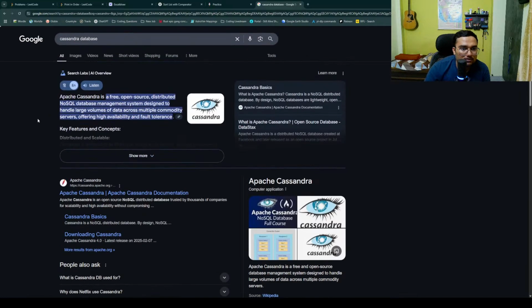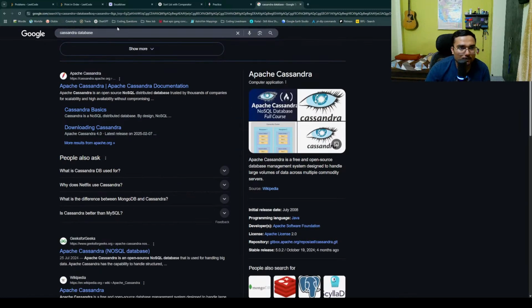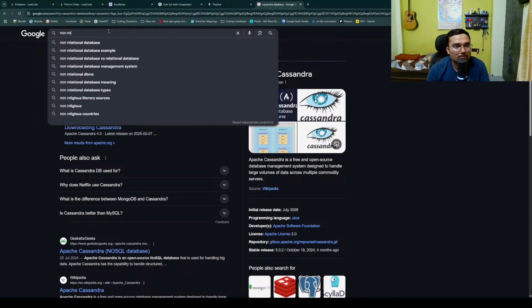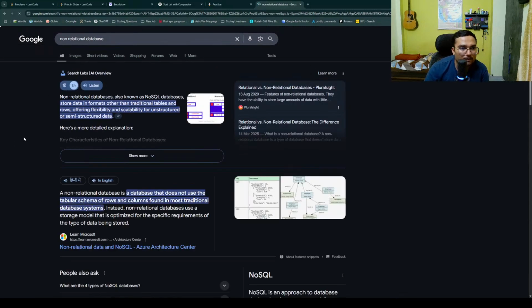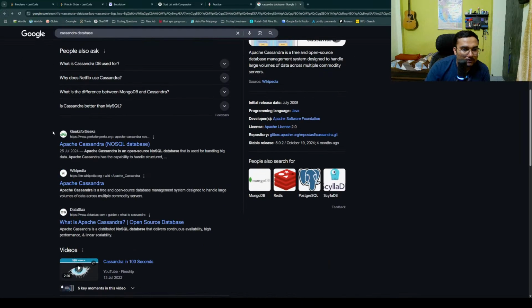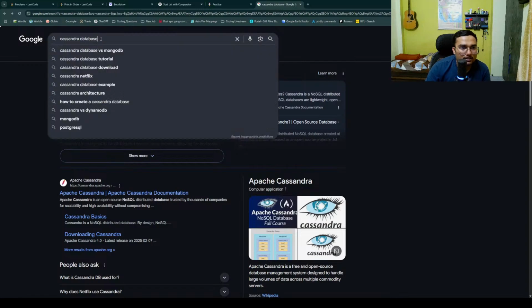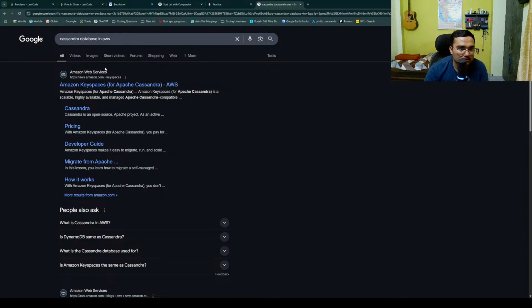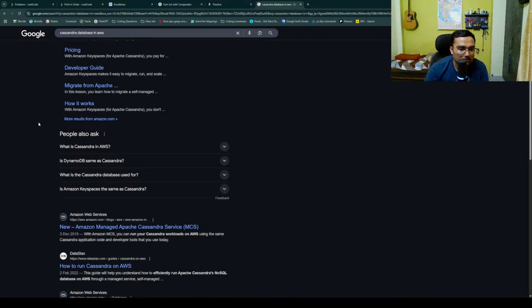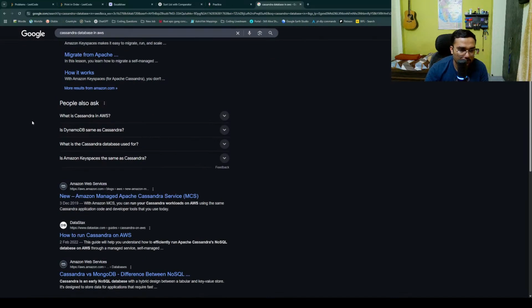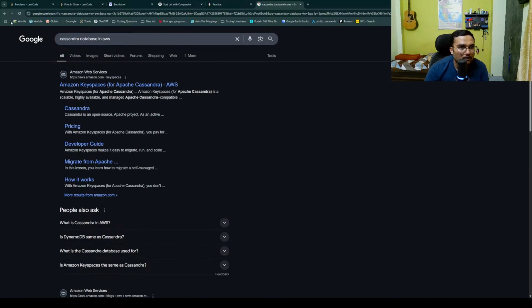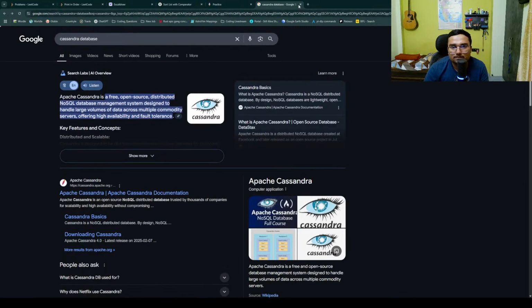Non-RDBMS, non-relational database. What is the equivalent of Cassandra in AWS? Yeah, they have Cassandra, right? Straight out of the box. Okay, perfect.